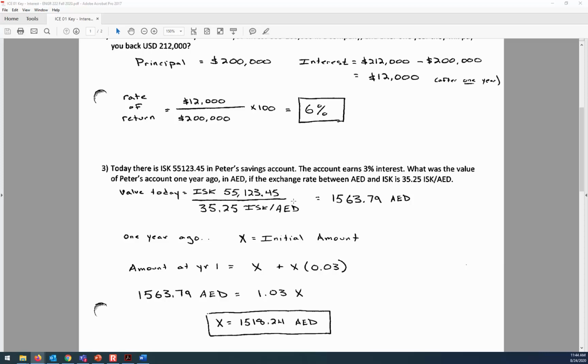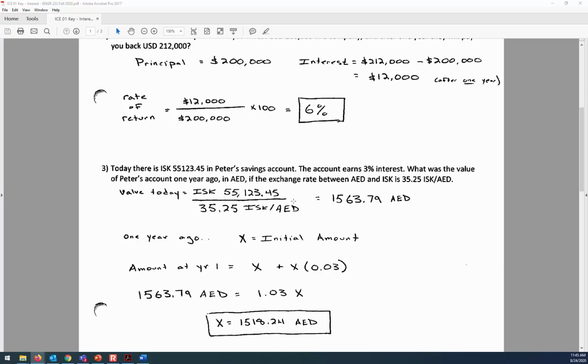So the account earns 3% interest. What's the value of Peter's account 1 year ago in AED? And that stands for United Arab Emirates dirhams. That's the currency that they use in Dubai. So what was the value of his account a year ago in dirhams if we're given this exchange rate?